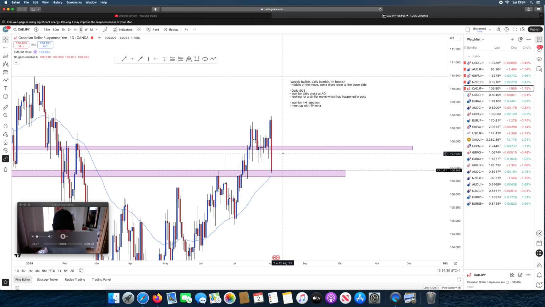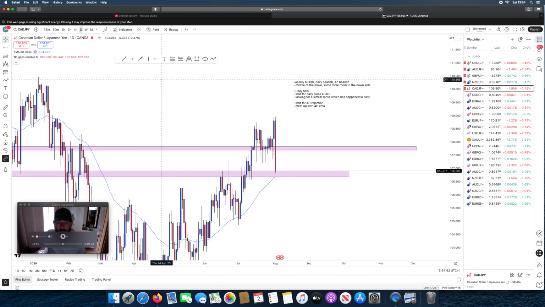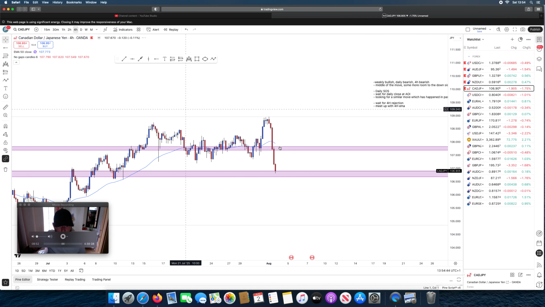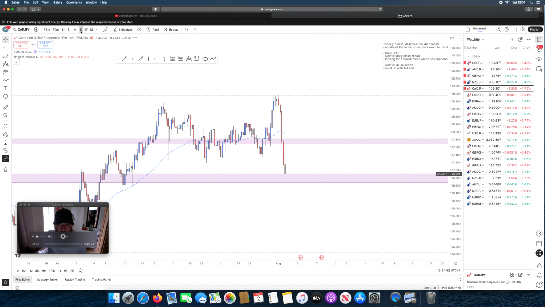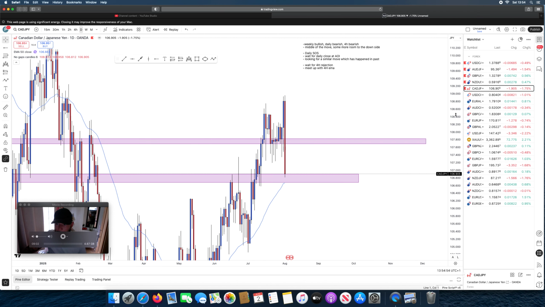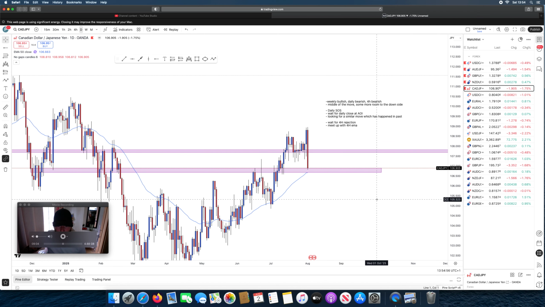We'll be waiting for a daily closure candle at this previous structure point to create our new lower high. We're waiting for some 4 hour rejection at this area of interest as well. Obviously, hopefully we'll meet up with this EMA. So yeah, that's what we'll be looking for.